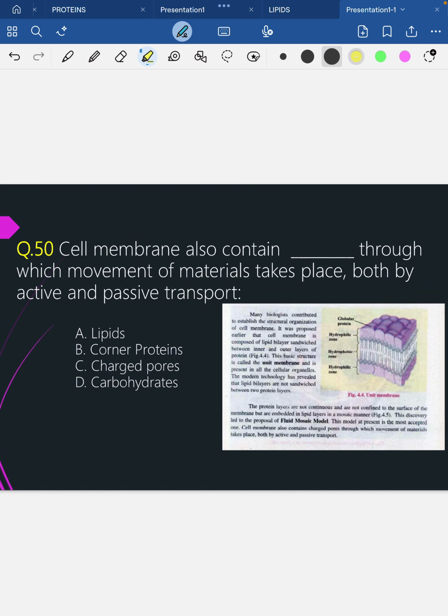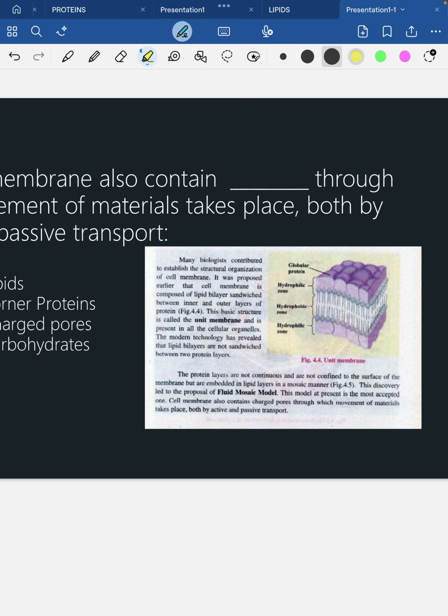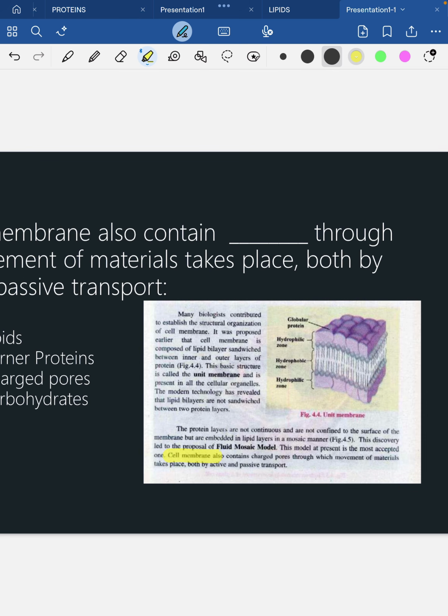50. Cell membrane also contains dash through which movement of material takes place both by active and passive transport. So this MCQ is also confusing, but it is the exact line which has been taken from the Punjab textbook. So you can read that line here. Cell membrane also contains charged pores through which movement of materials takes place both by active and passive transport.